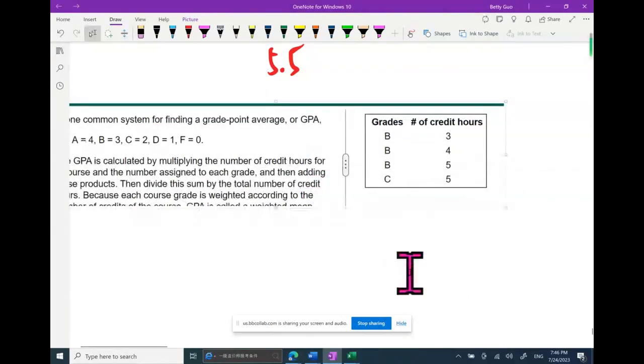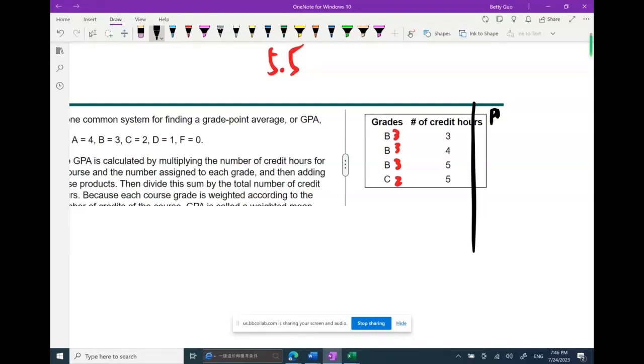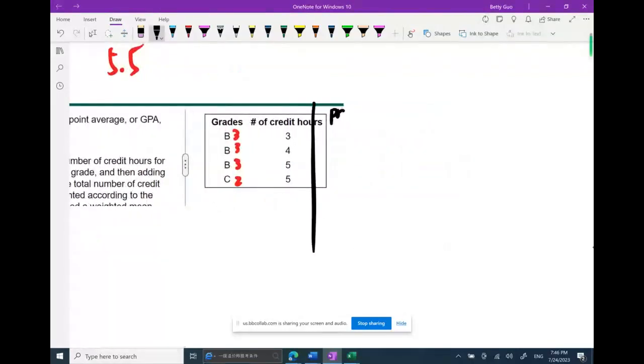Yeah, we're gonna make a table, all right? Firstly, we are going to assign the numbers to the letter. B is 3, C is 2. And then we are going to add one more column here to multiply the credit with the corresponding number that is assigned to the grade of the class.